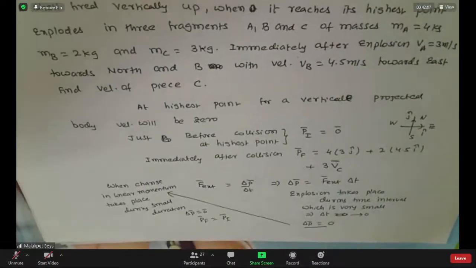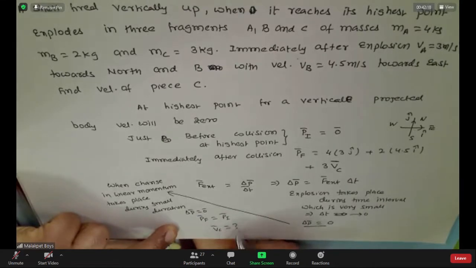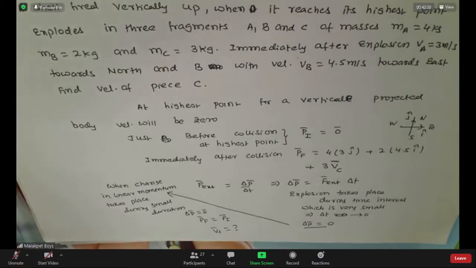Now I can conserve, so I can substitute P and P value and get VC. If there is no external force, momentum is conserved. Or the other way, if external force is there, but the duration during which the linear momentum changes is very small, then also initial momentum equals final momentum. Momentum just before the changes occur is equal to momentum immediately after.